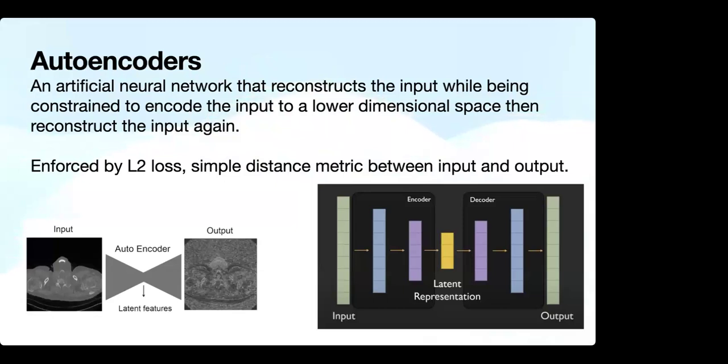Then you have another artificial neural network that attempts to reconstruct the input image from the constrained lower dimensional space. Since you can use a neural network with nonlinear activation functions, this mapping and reconstruction is like a nonlinear form of PCA.